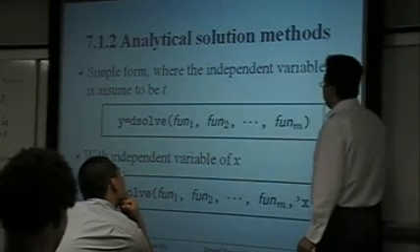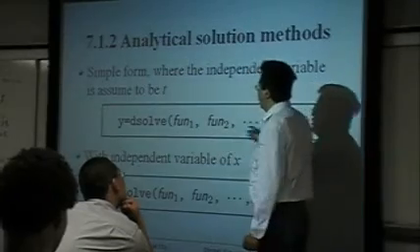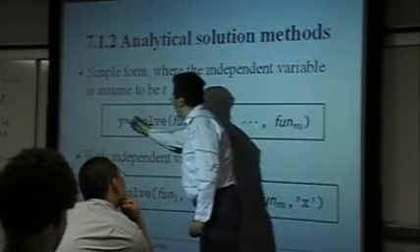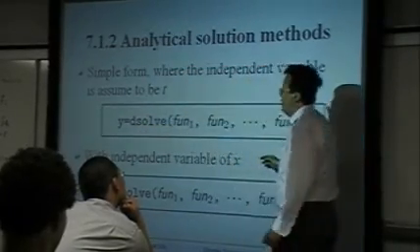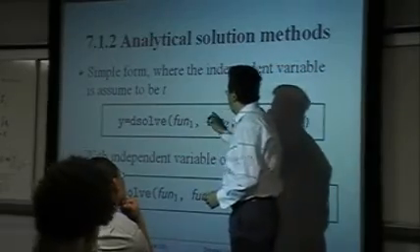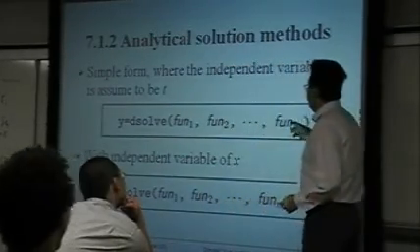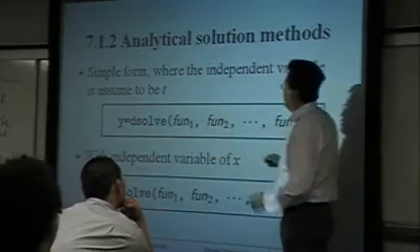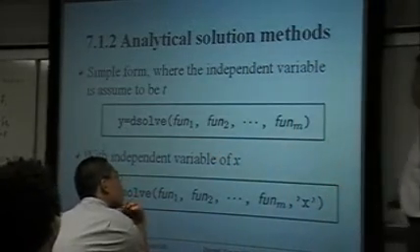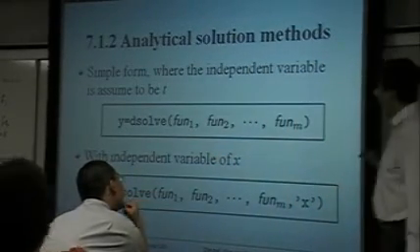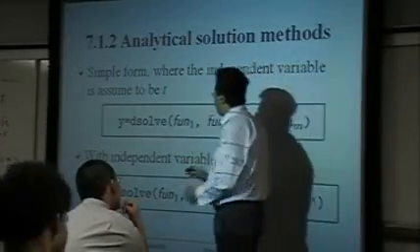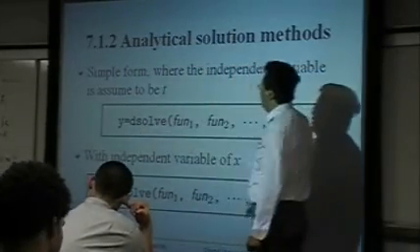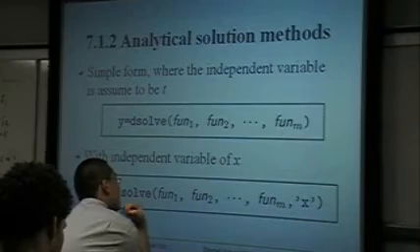In algebraic equation solutions, we introduced a function called solve, where you have to code all the equations one by one and then call the solve function to find the solution. For ordinary differential equations, what we need is to call the dsolve command.